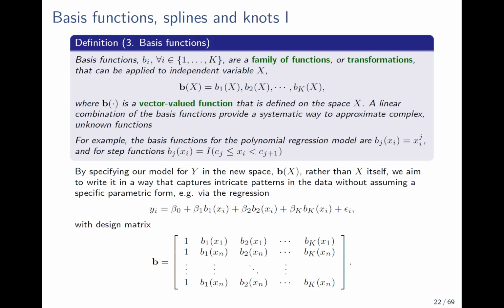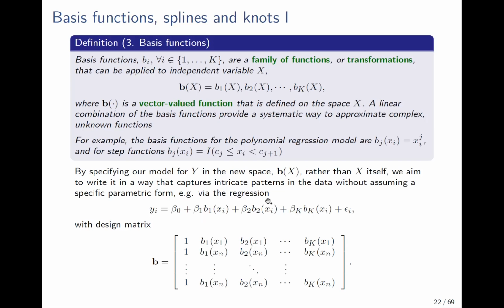Now, why do we want basis functions? Well, by specifying our model for y in this new space B(x) rather than x itself, we aim to write it in a way that captures intricate patterns in the data without assuming a specific parametric form. That's why we're being semi-parametric. A priori, we're going to try and make minimal assumptions about the parametric form of the relationship between x and y.